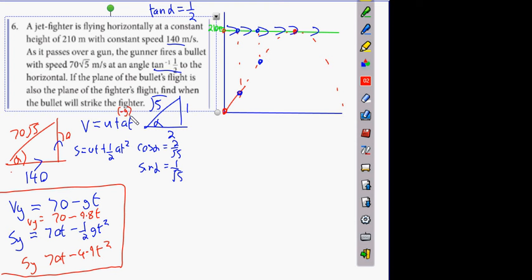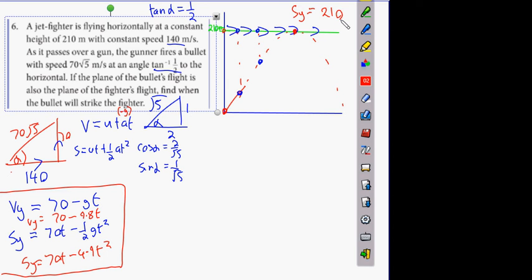Now lads, find when the bullet will strike the fighter. So we're looking at time here. What we want to find out is when you strike the plane, Sy must equal 210.